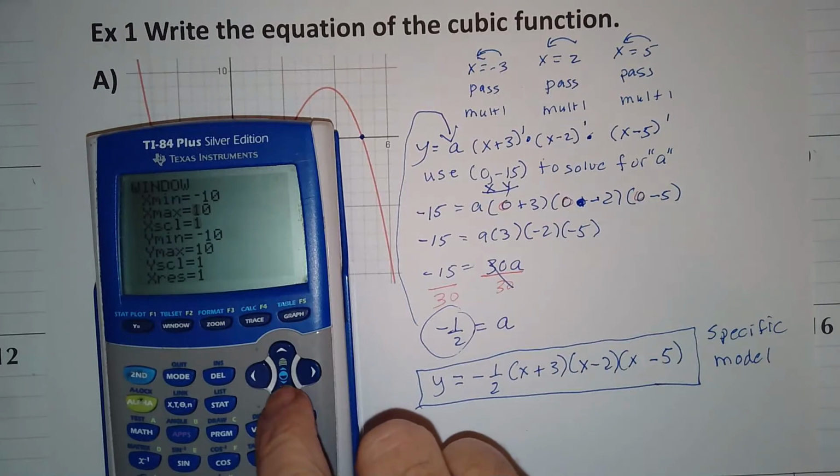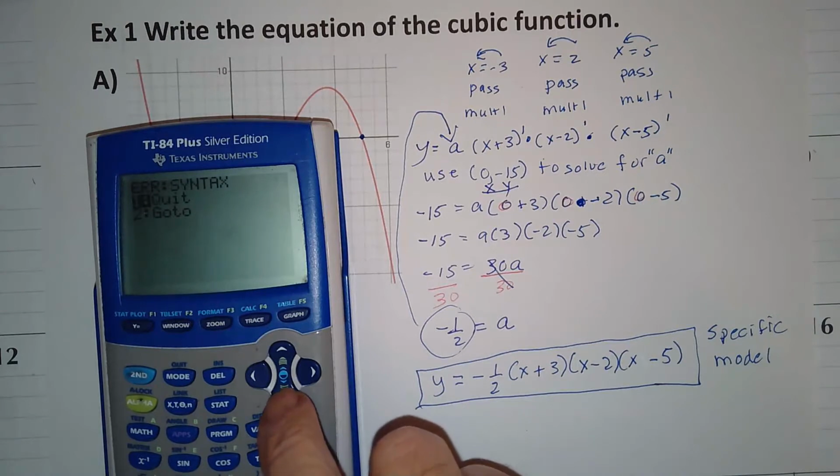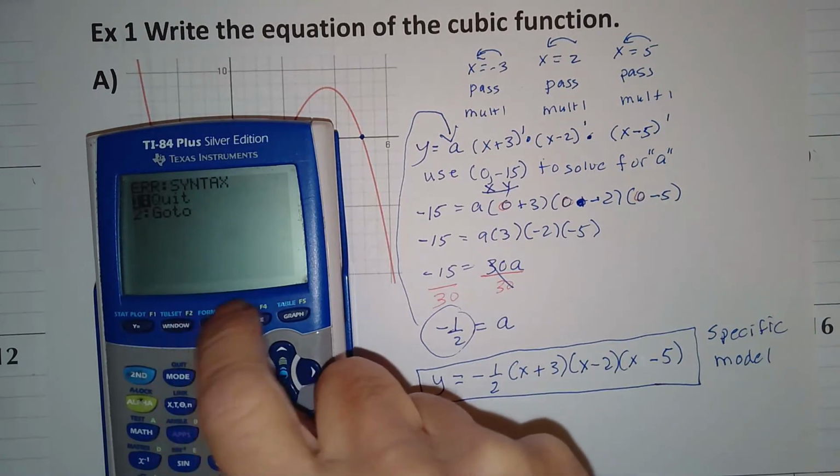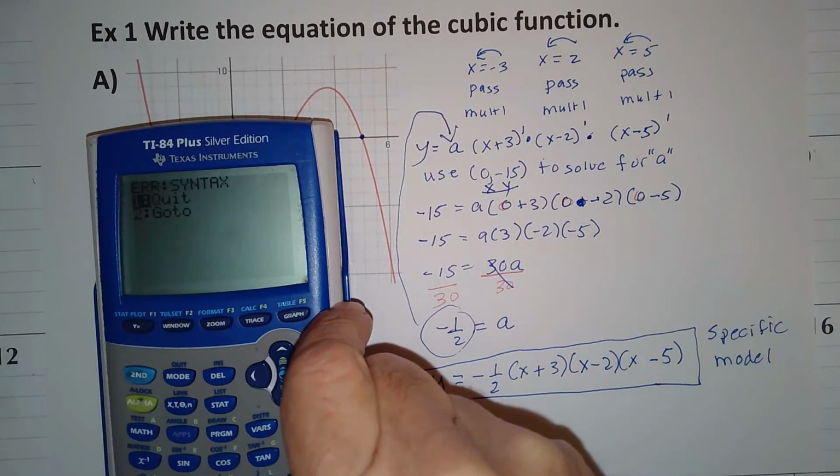So let's just go down to do the y's because that's what was getting cut off. So let's do negative 20. Okay. And then the y max. Negative 20, and I want 10.